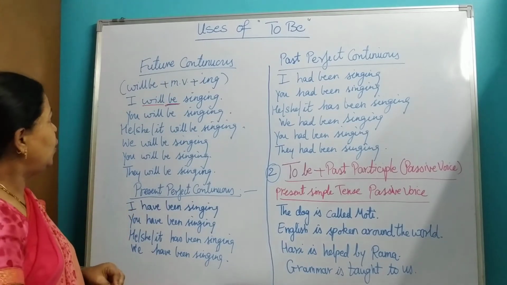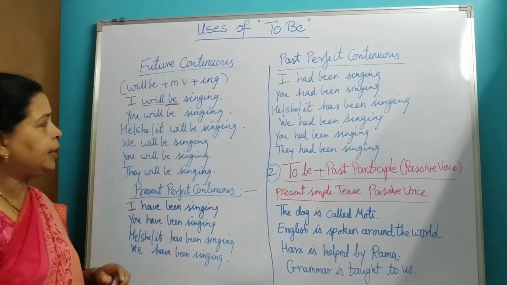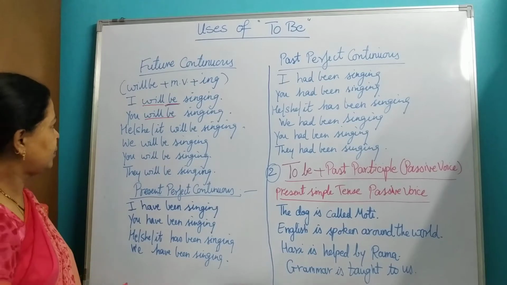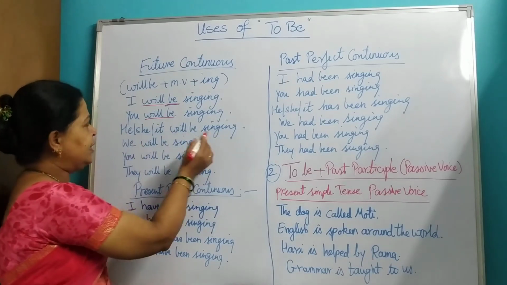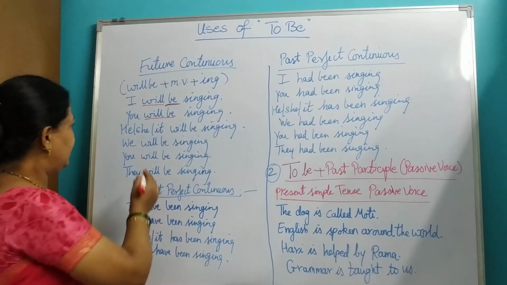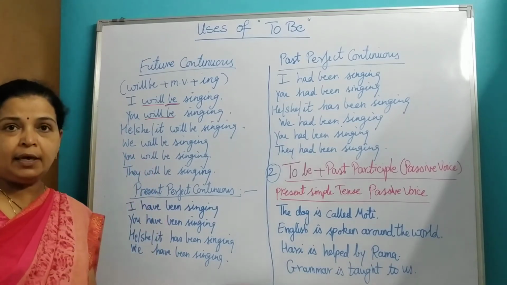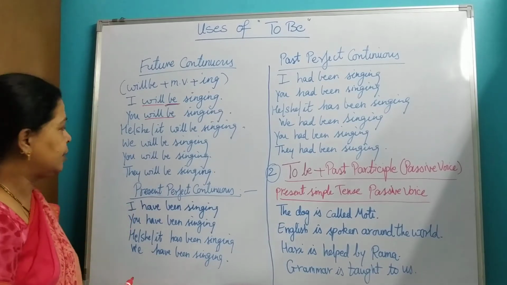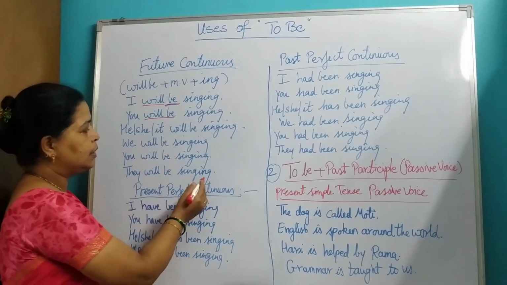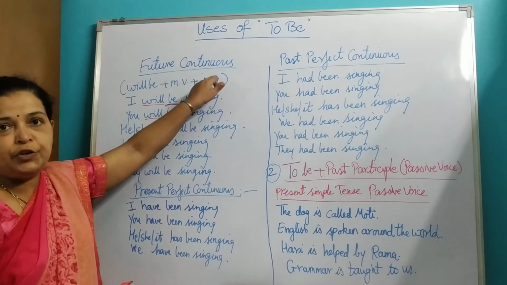Then you will be singing, he will be singing, she will be singing, it will be singing. Then plural, we shall be singing or we will be singing. You will be singing, they will be singing. That was the future continuous tense.